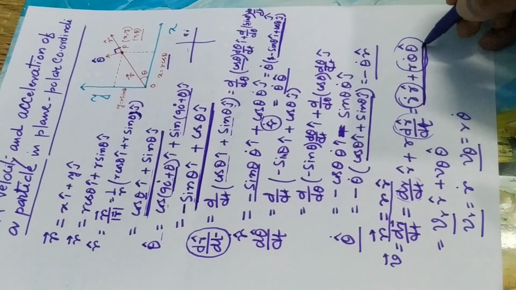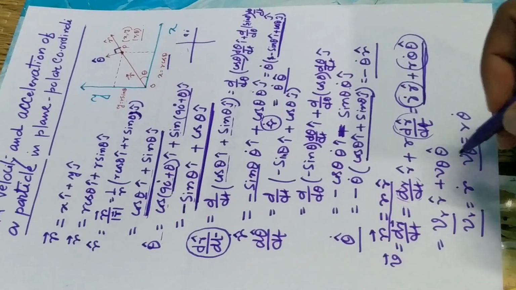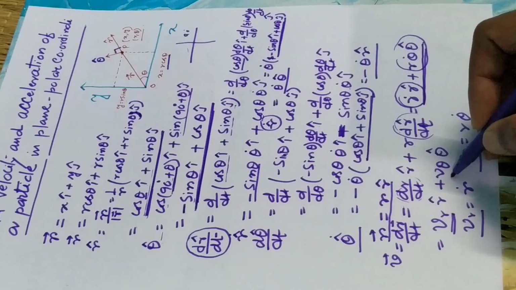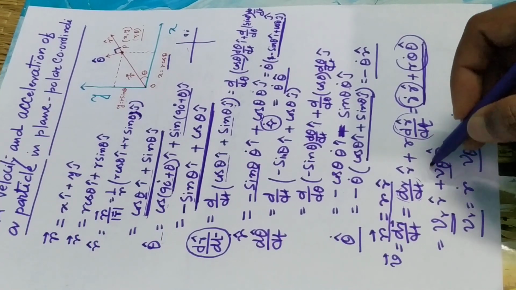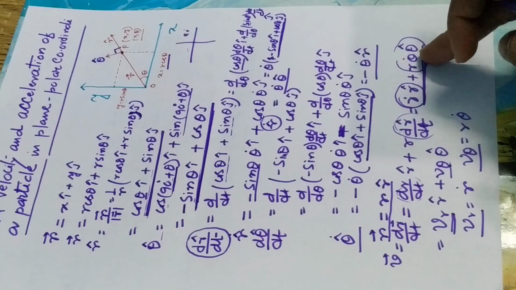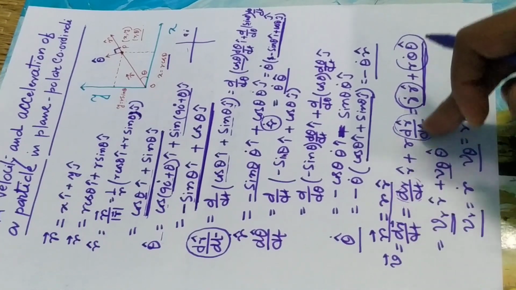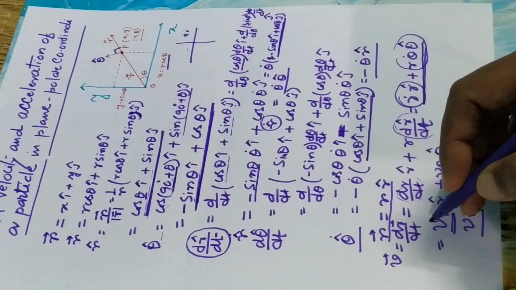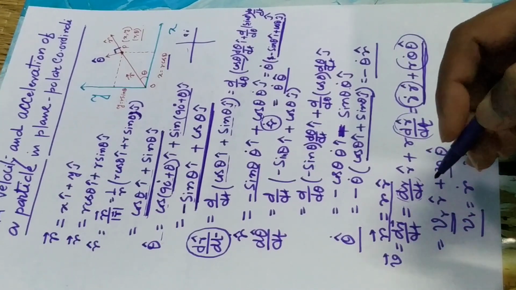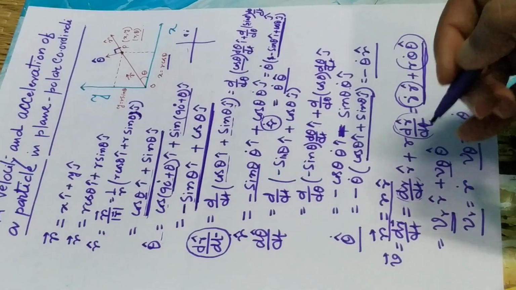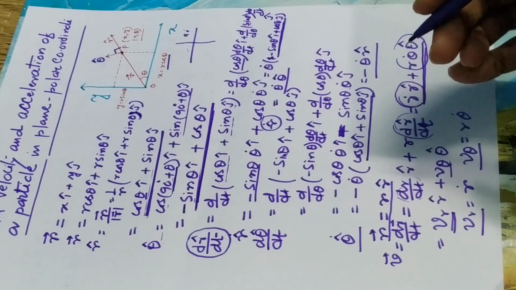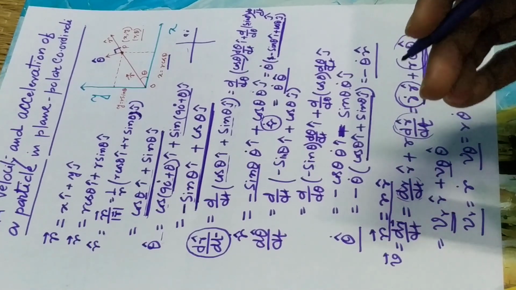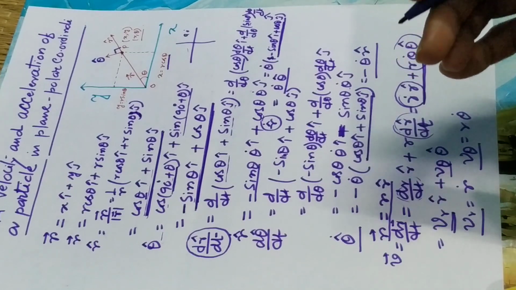There are two terms in the expression of the velocity of the particle. One is the radial term, called the radial velocity, and the other is the transverse velocity. This expression of the velocity is very important for studying the motion of a particle in a central force field, and I will discuss the central force field in the next class.